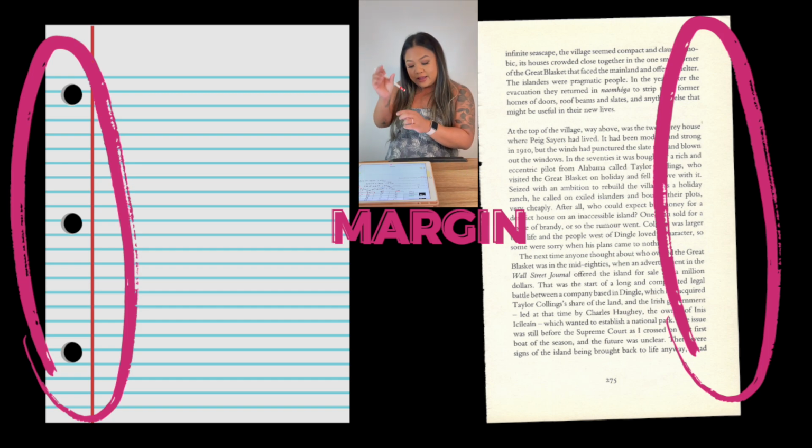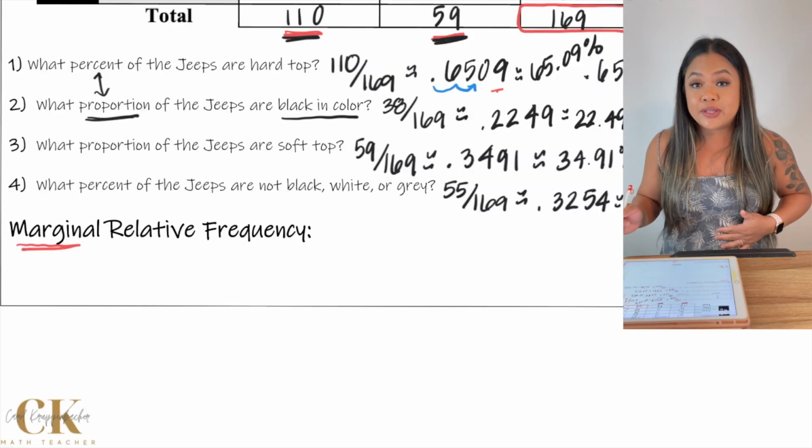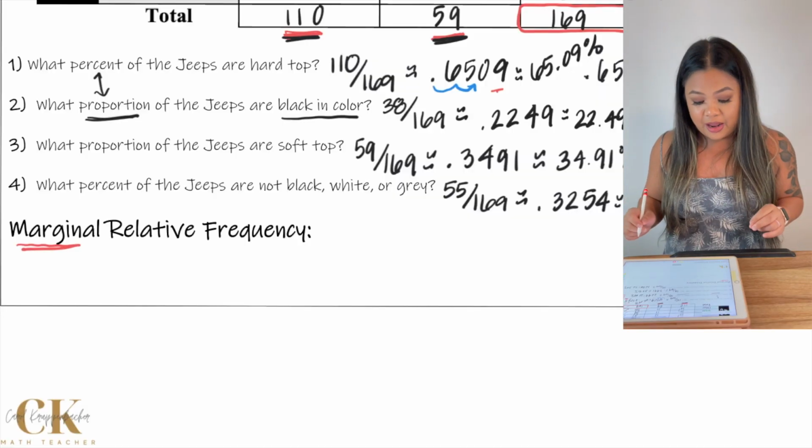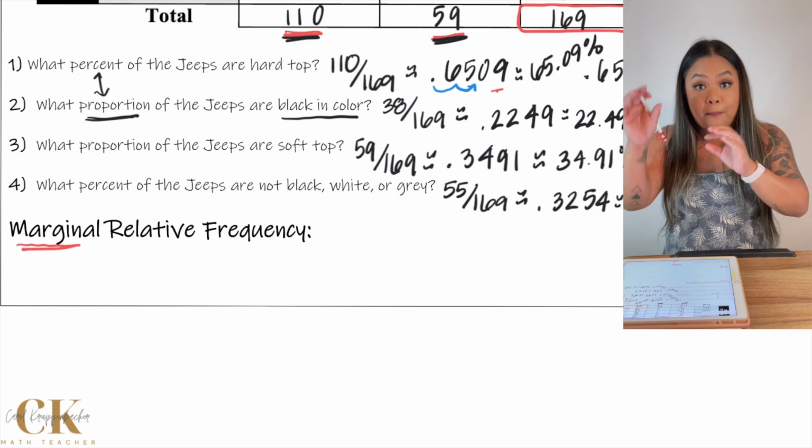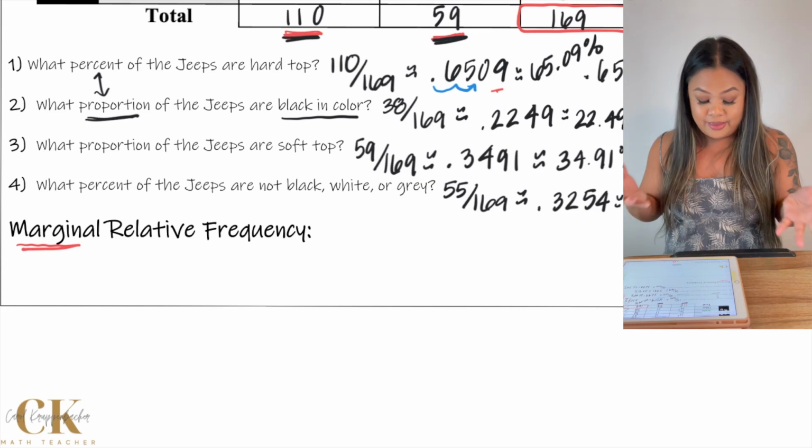Like on the little sides of the book pages or bottom, top, whatever. So marginal relative frequency is only really looking at one of the categories, okay? And you're looking at the margins of the table to get these.